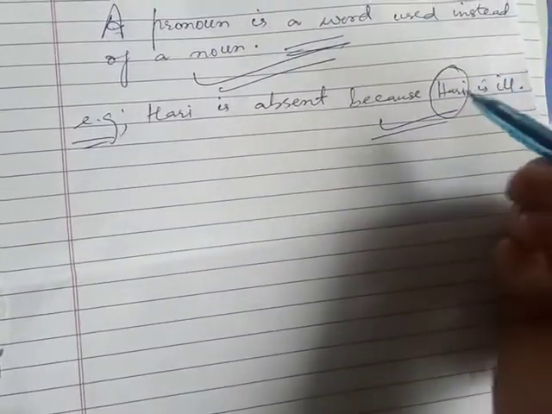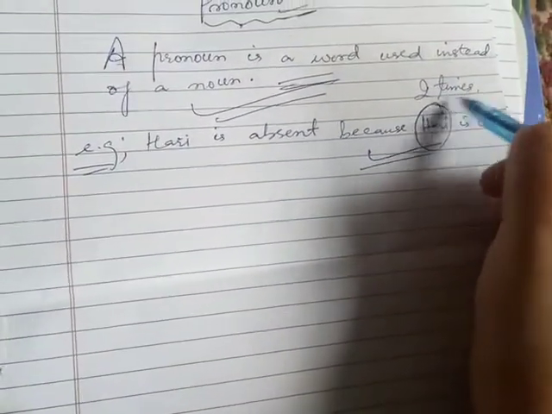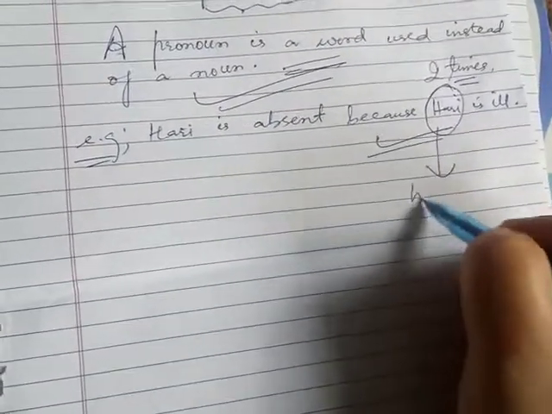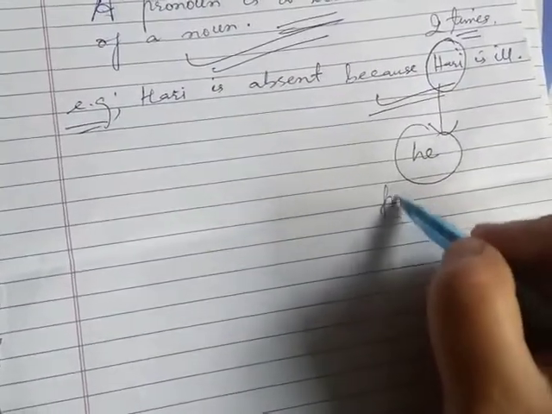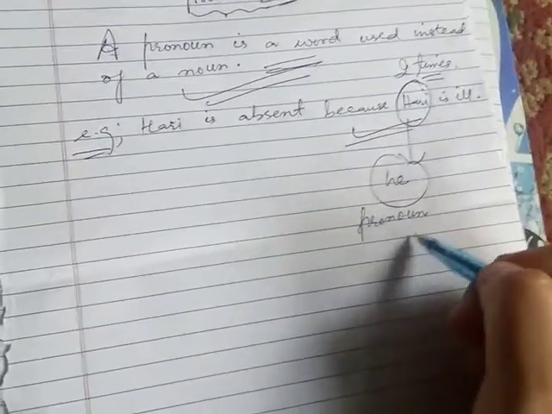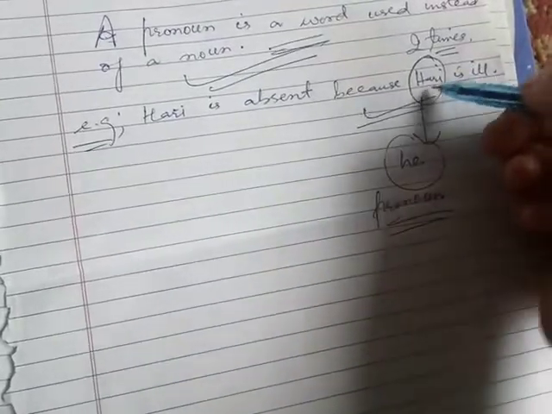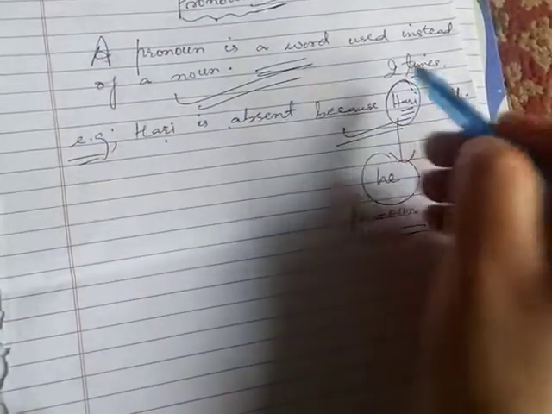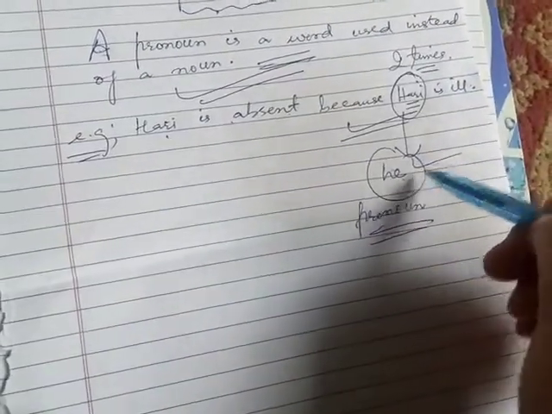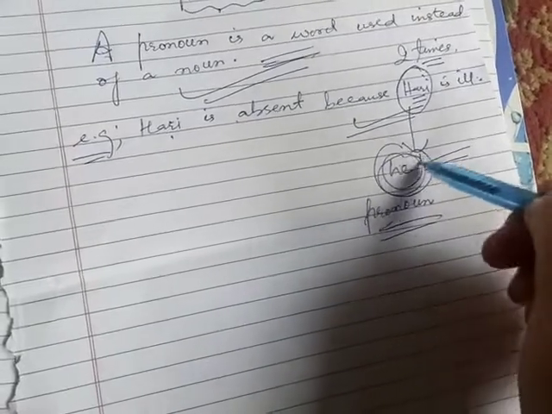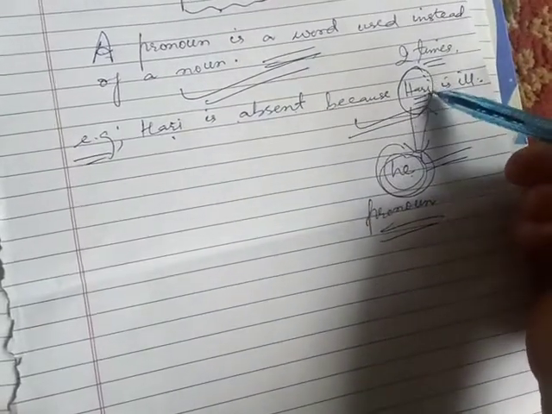Therefore, instead of writing Harry two times, we can replace it with he. So here, he is a pronoun because it is used in place of a noun. It has been used in place of Harry. So we can write the sentence like this: Harry is absent because he is ill. Here, he is a word used instead of, or in place of, a noun.